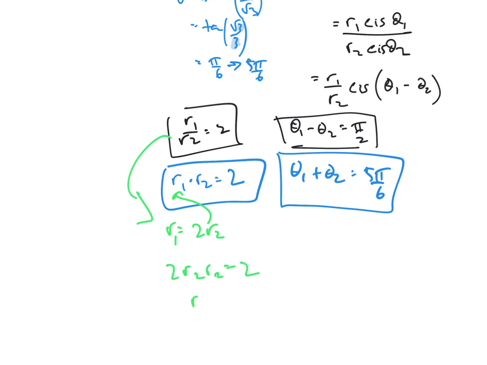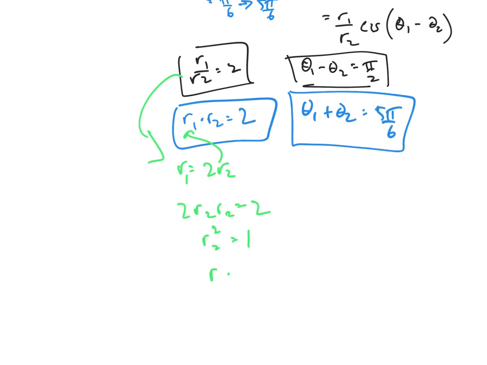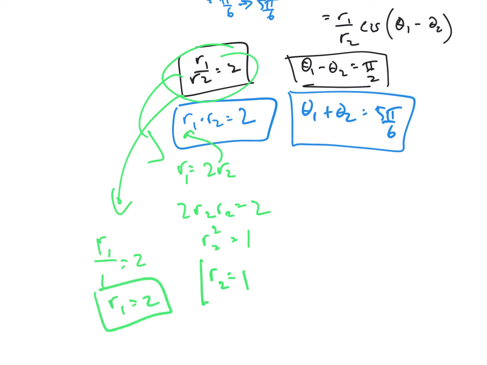If I divide, I know r2 squared is equal to 1, and so r2 is equal to 1, not plus or minus 1, but just 1, because r is defined as positive values. Similarly, then, if r2 is 1, then r1 over r2, which is 1 over 1, is equal to 2. That means r1 is equal to 2. So now I know my r's.